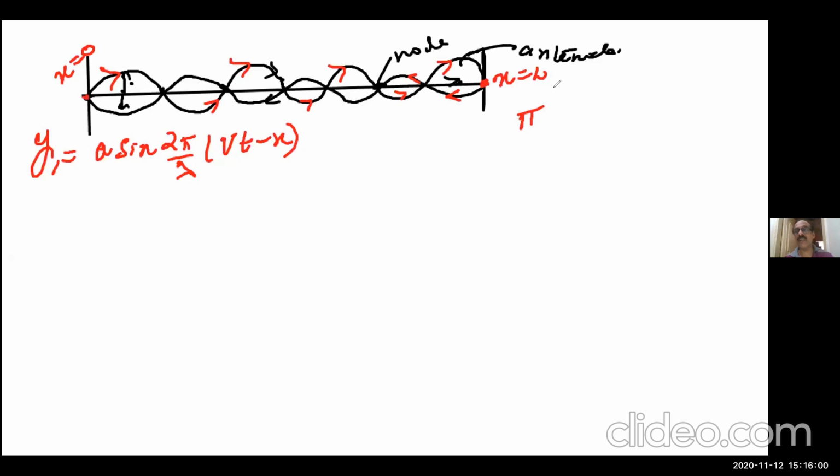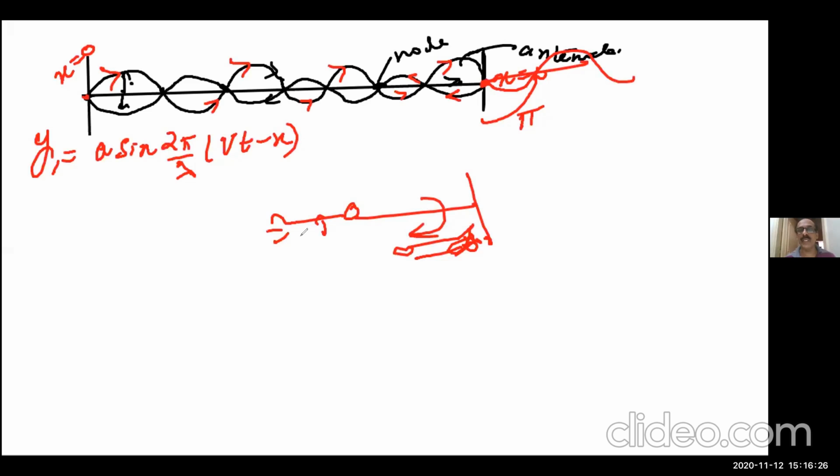With an additional phase of pi. What's the meaning of additional phase of pi? If this wave is continuing, the phase is 0. But if it is coming back, say 180 degrees, suppose you are swimming here, and after touching here you are coming back.